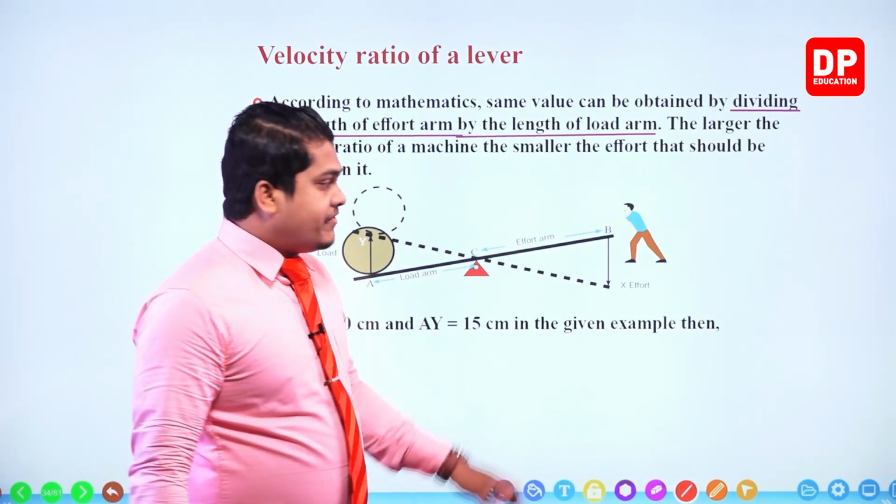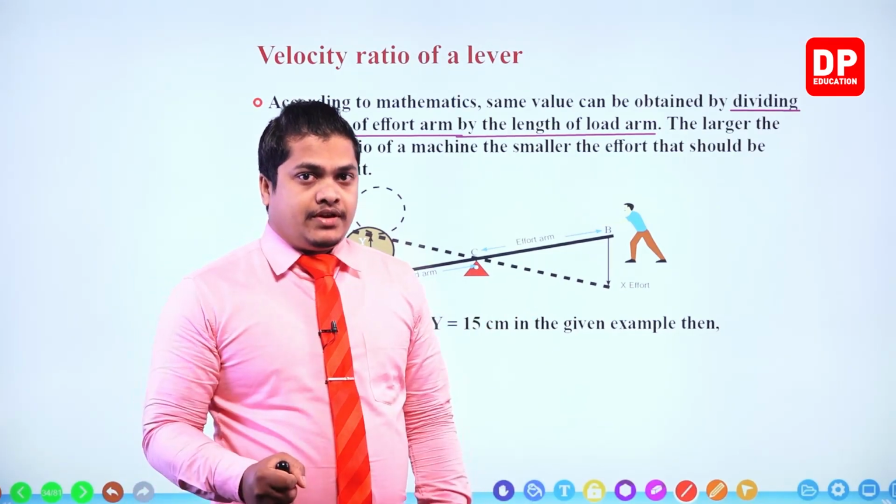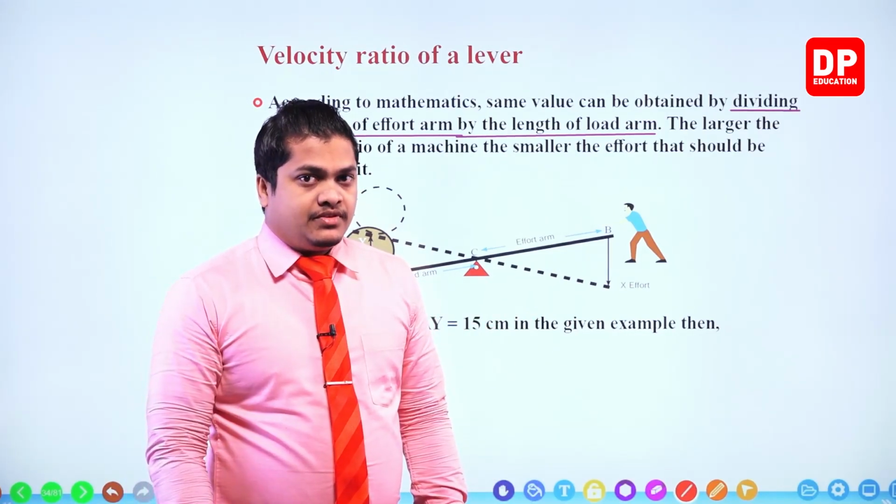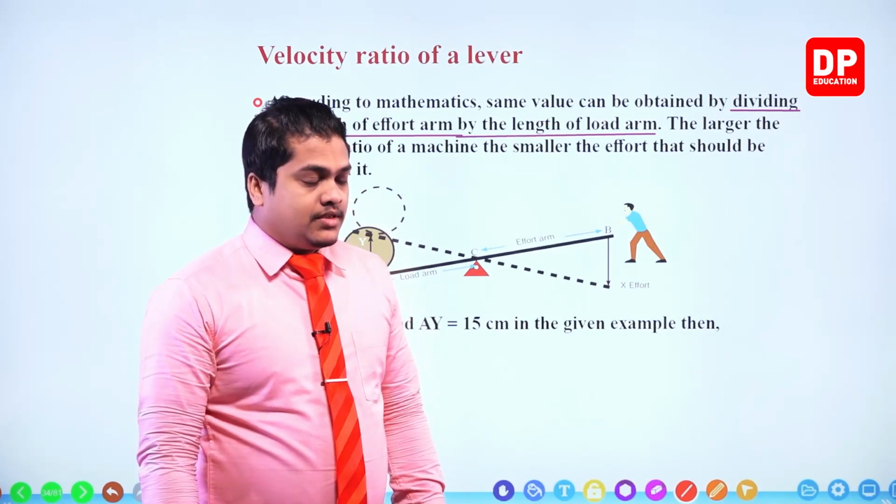When you divide these two also, you can find out the velocity ratio. This is according to mathematics.